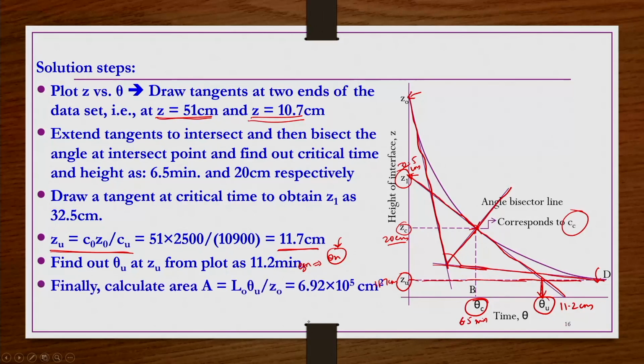So, that is it. Area you can calculate as L naught theta u by Z naught, which comes out to be 6.92 into 10 power 5 centimeter square. This is how you can calculate the required area of a continuous thickener using either of the approaches.